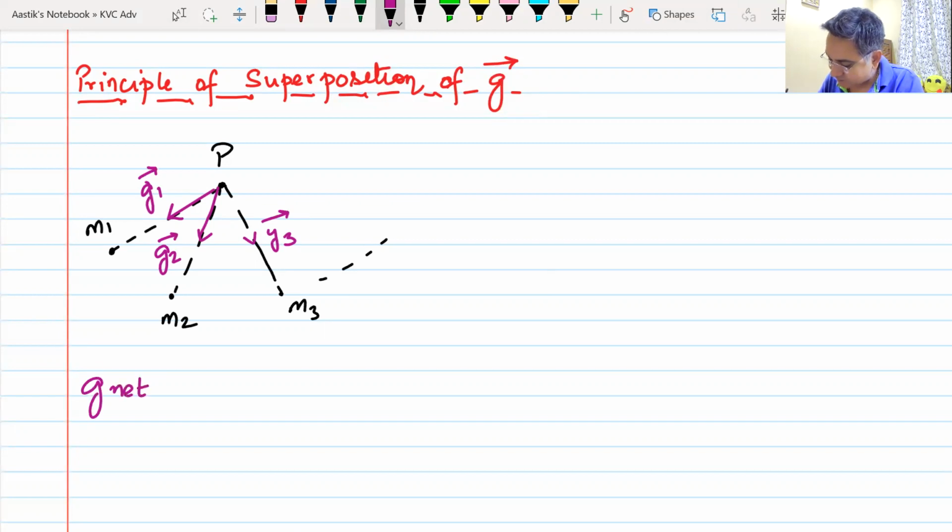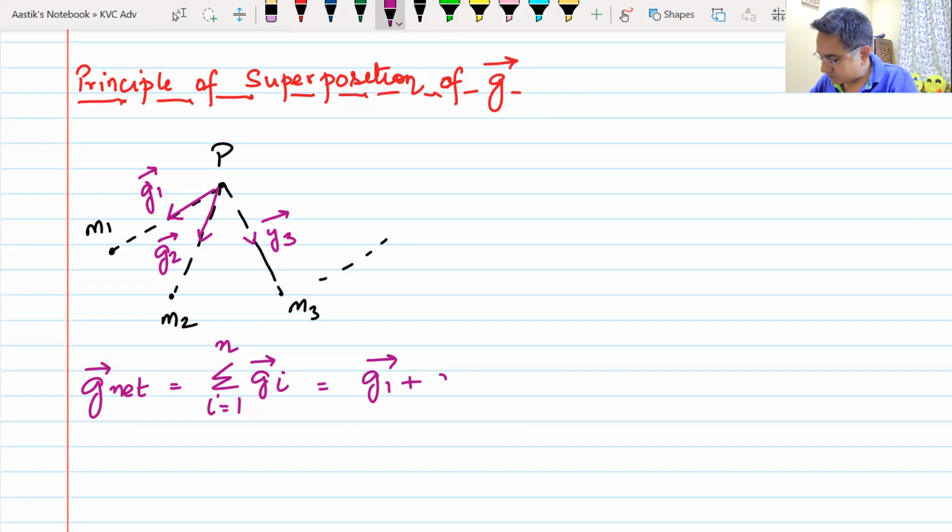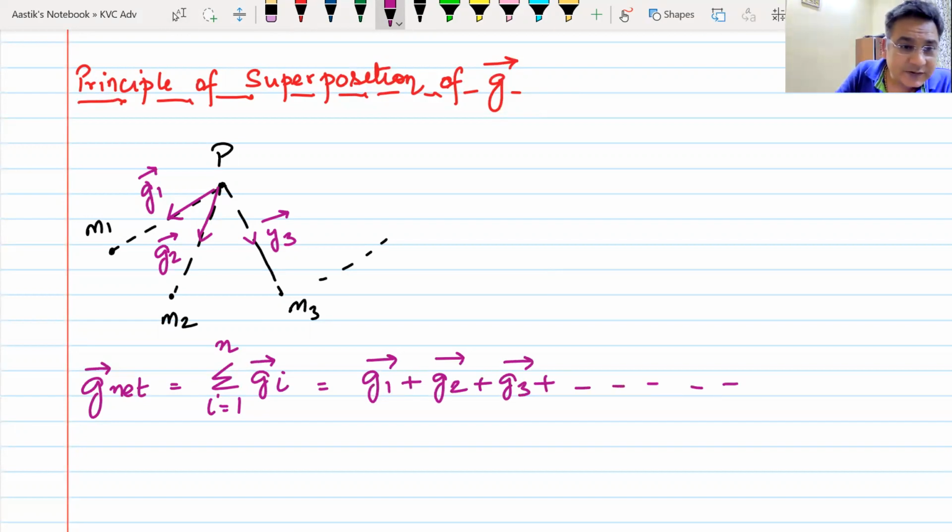The net gravitational field will be the vector sum of the gravitational fields created by the individual masses. Basically, it says it will be equal to the summation of G1 vector plus G2 vector plus G3 vector plus and so on. This is the principle of superposition of gravitational field, my dear friends.